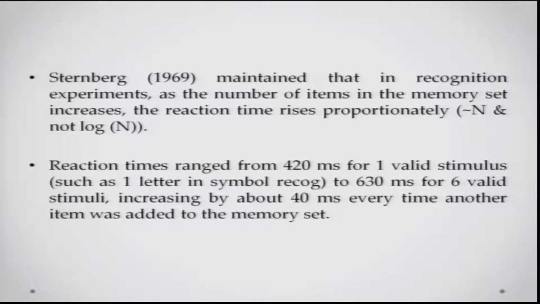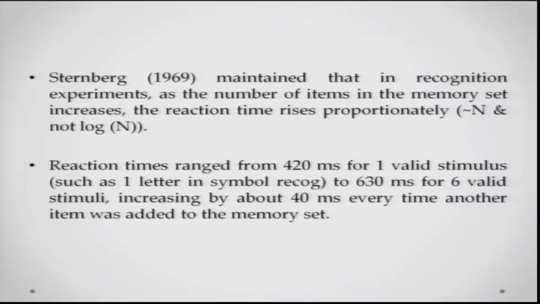Sternberg in 1969 maintained that in a recognition reaction time task, as the number of items in the memory set increases, the reaction time increases proportionately. So, he said that reaction times are proportional to n and not the log of n in case of a recognition experiment.